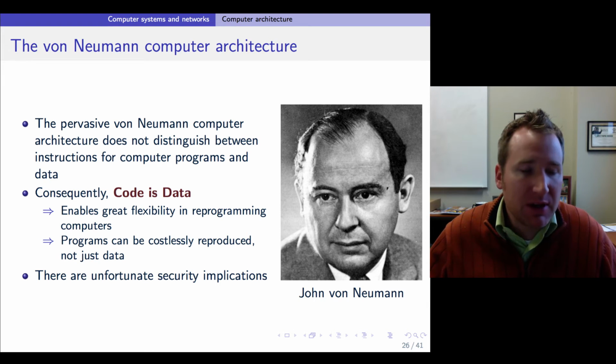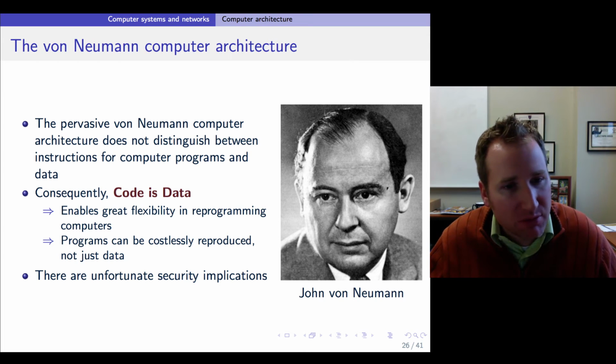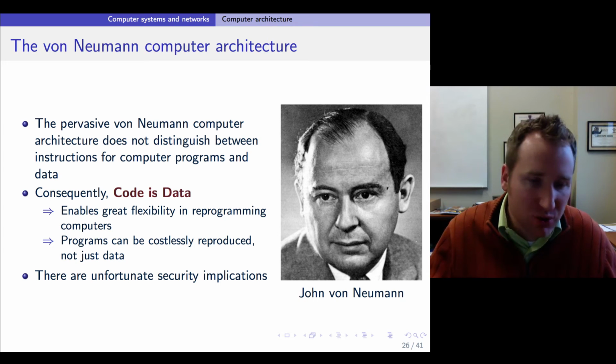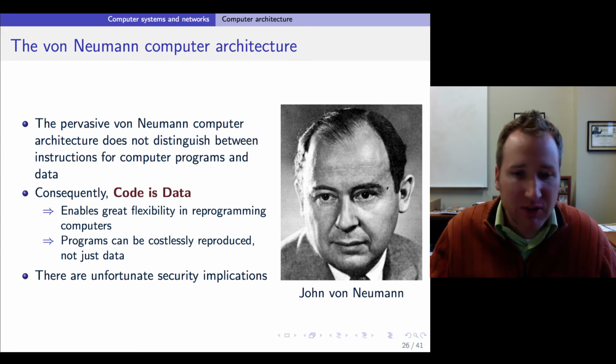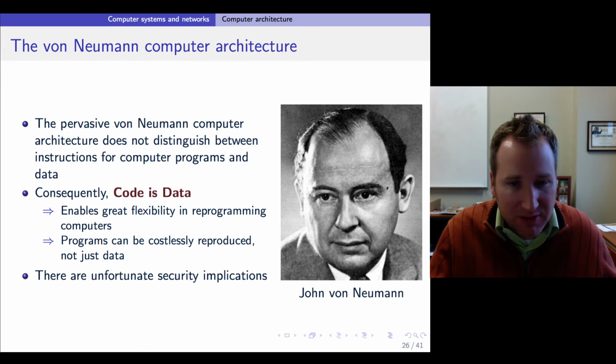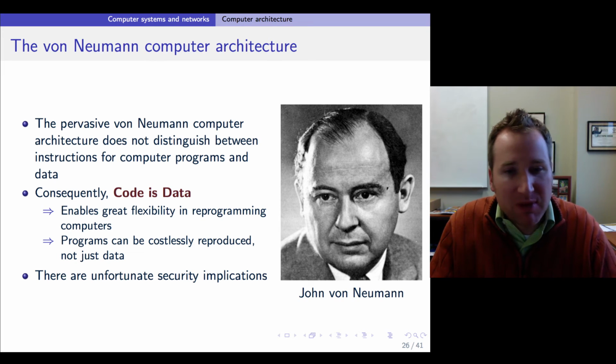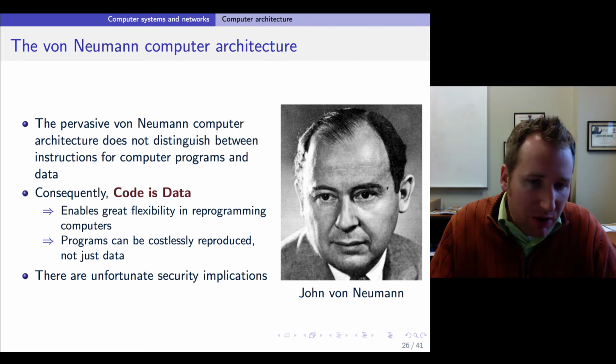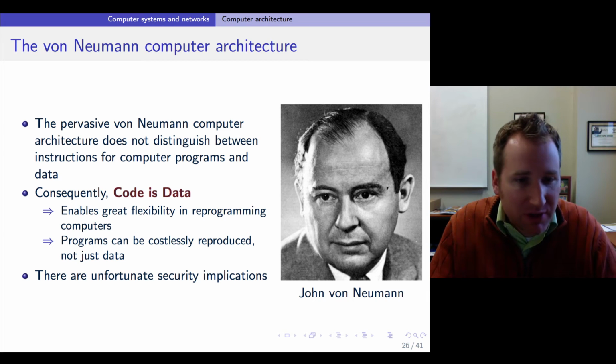The key aspect of that architecture relevant for us is that it does not distinguish between instructions for computer programs and data. Everything that gets stored in memory is both data and code. It's all put together in the same common memory space and not distinguished between them. That's what we mean when we say code is data. And this is a quite powerful concept because it enables great flexibility in reprogramming computers.